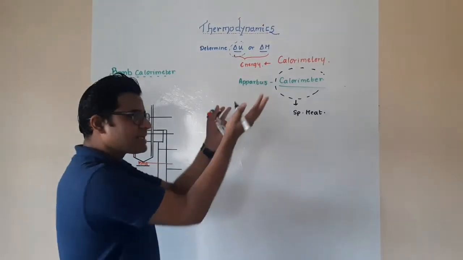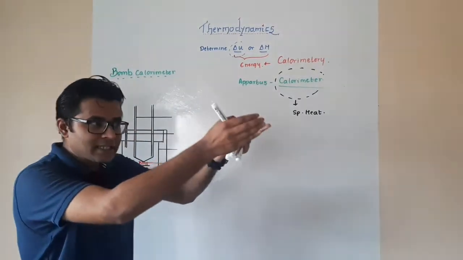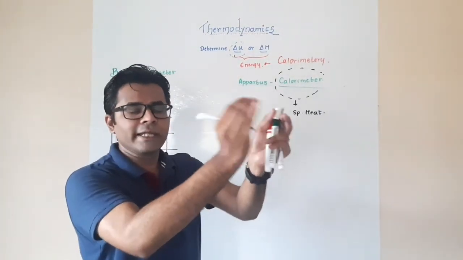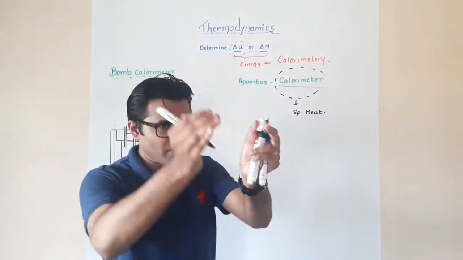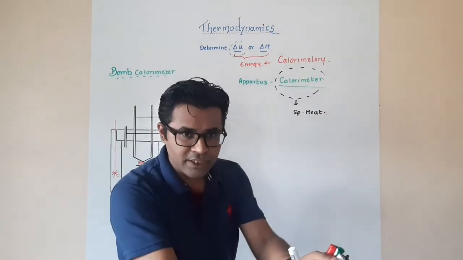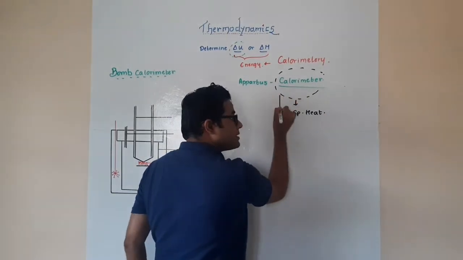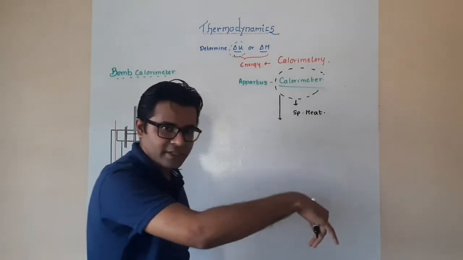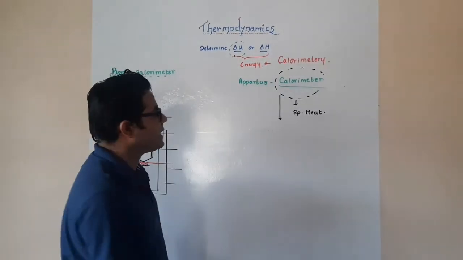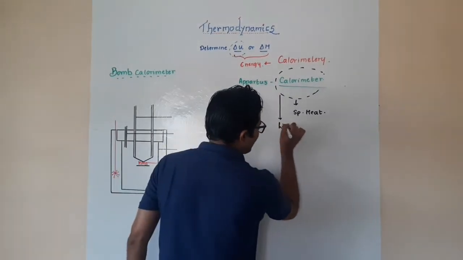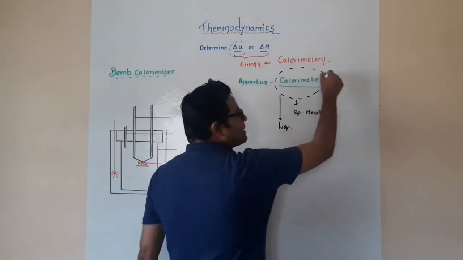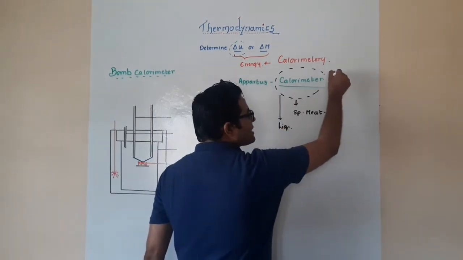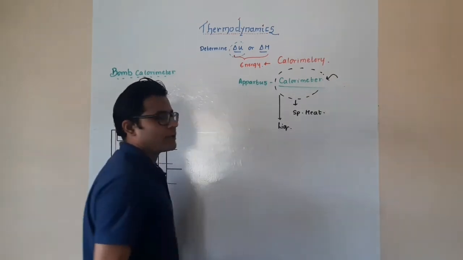So this calorimeter is an apparatus. Now they take this apparatus, which is going to contain your substance undergoing the process, and they immerse it inside a particular type of liquid, any known liquid they take. After that, whatever the process is, it is going to start in this particular calorimeter.